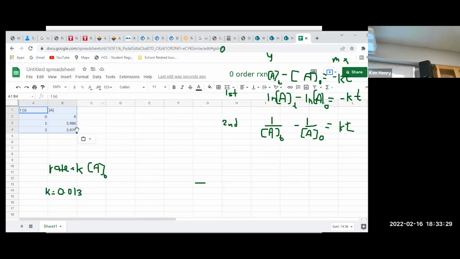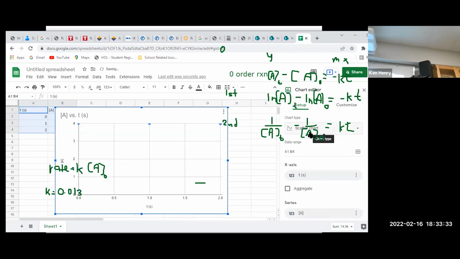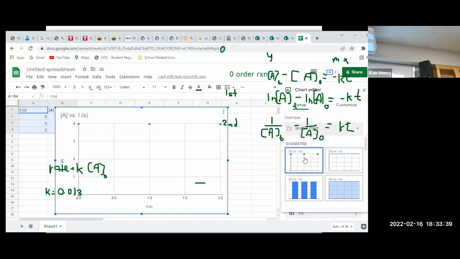We're going to use Chart. So we want a scatter chart. So our Y value is going to be our A, and then our X value is going to be our T.